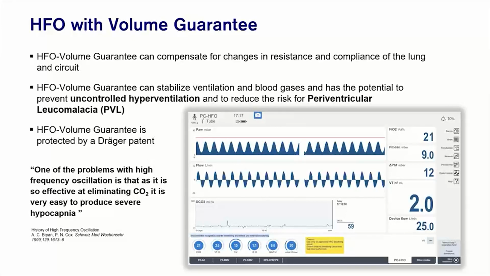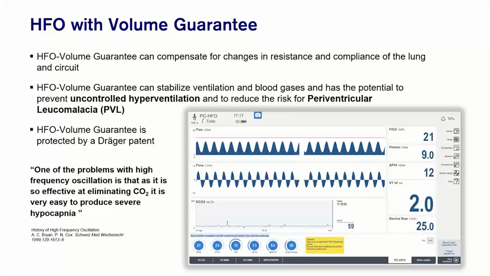We will see this later in a live demonstration as well, but high frequency volume guarantee can compensate for changes in resistance and compliance, of the lungs and surely as well of the circuit. High frequency volume guarantee can stabilize the ventilation and blood gases and has the potential to prevent uncontrolled hyperventilation and to reduce, due to this, the risk of periventricular leukomalacia.